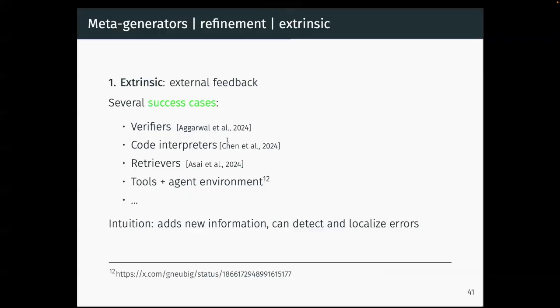One of the success cases that popularized this was in code, by this paper called self-debugging. There have been other success cases of these refinement models when you have external information. For example, you might have a retriever that actually provides you with new documents.